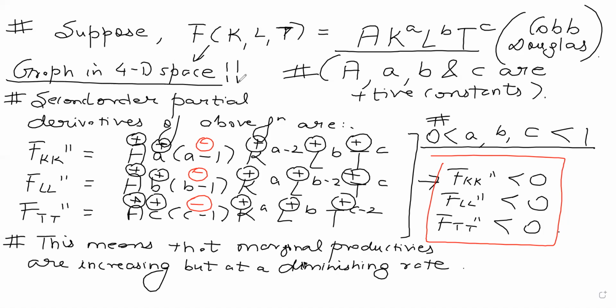Its graph is going to be in the 4D space, because you will have 4 axes: capital, labor, land, and the function itself. So we cannot draw the graph, but you need to understand that the marginal productivities are rising, but they are rising at a diminishing rate. That means an increase in any of these inputs causes the output to rise, but output is rising slowly.